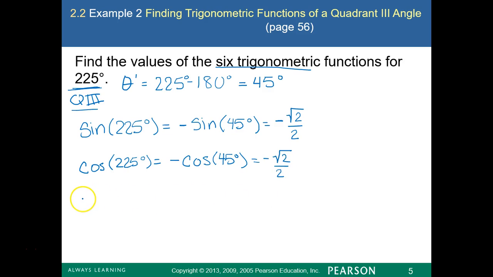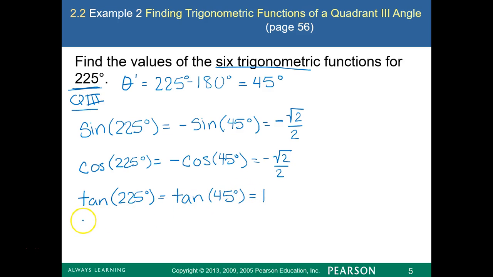And then tangent of 225 degrees: tangent and cotangent are going to be positive in this quadrant. So tangent of 225 degrees is the same as finding the positive tangent of 45 degrees, and that is just 1.